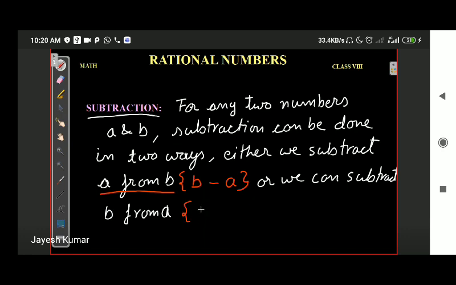We take A first, the number after the from we take as the first number, and the number before the from we take afterwards. That will be A minus B. So if I'm writing A minus B, that is subtracting B from A. If I'm writing B minus A, that is subtracting A from B. Okay, this is how it works, beta.